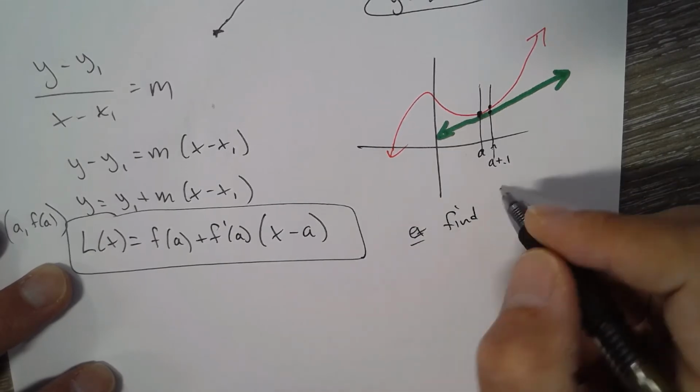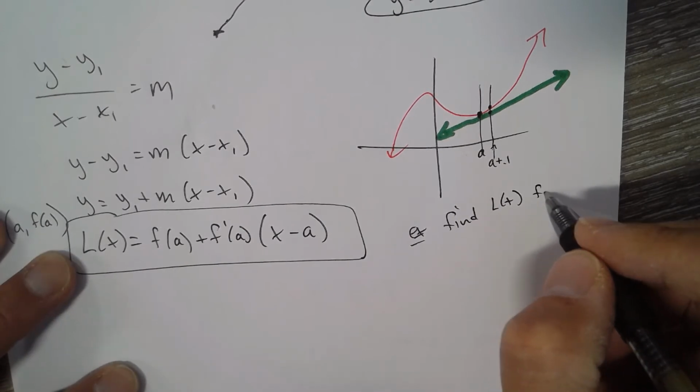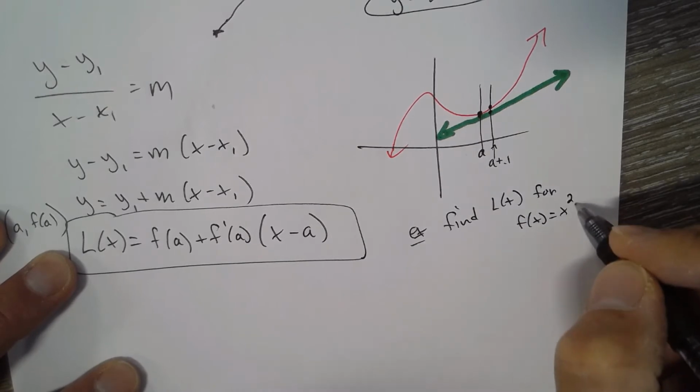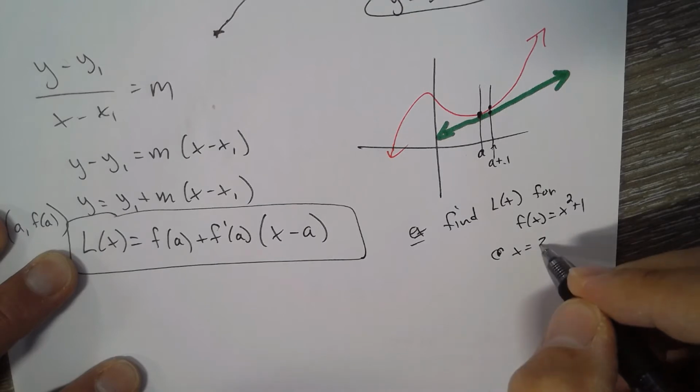But if I wanted to find it using the linearization, let's say my example is: find the tangent line or linearization for f of x equals x squared plus 1 at x equals 3.